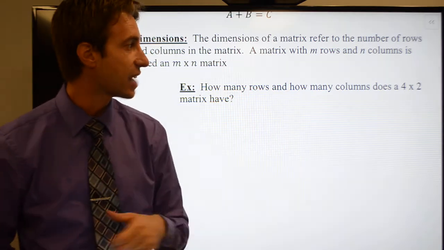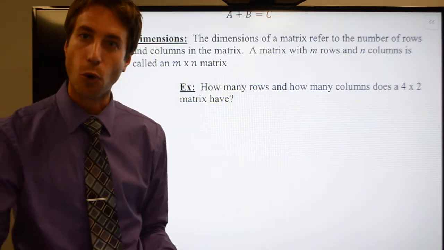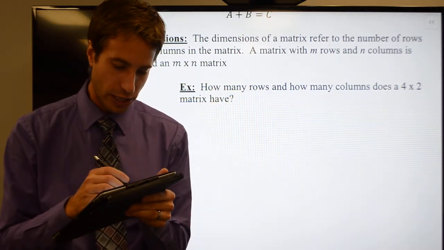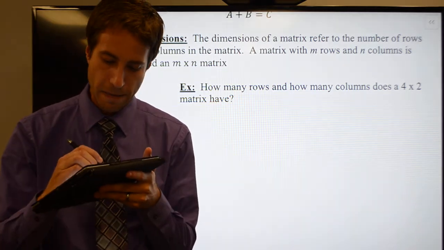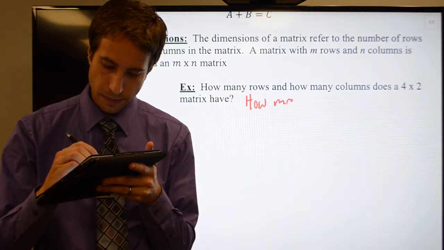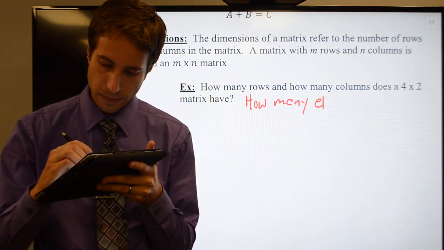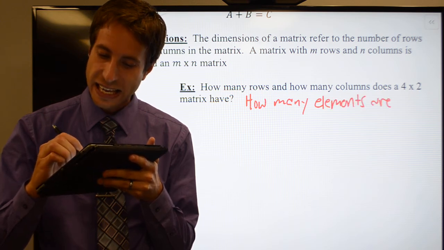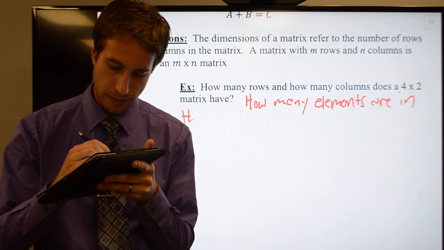How many rows and how many columns does a 4 by 2 matrix have? Actually, I'm going to add to that question. I want you to do one more thing for me. How many elements are in this matrix?